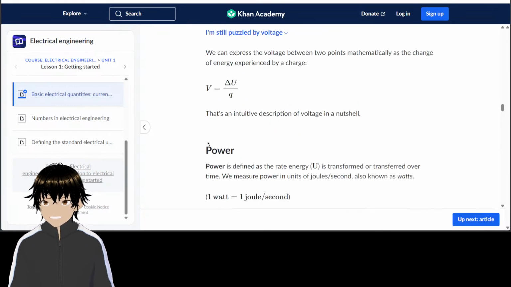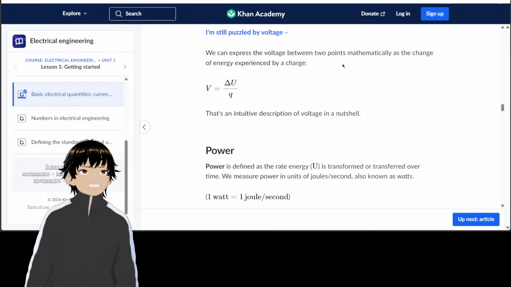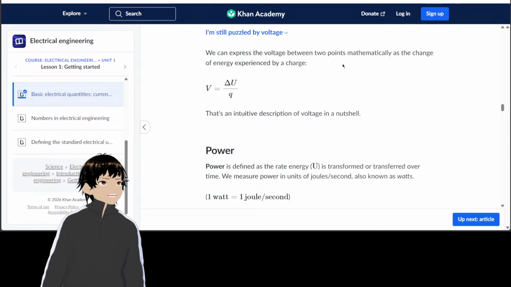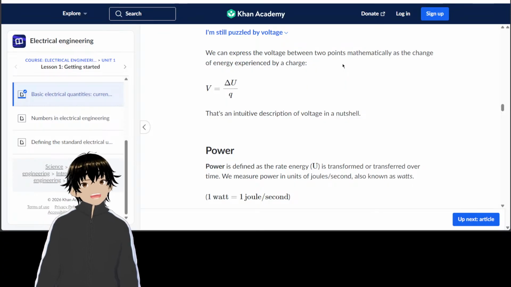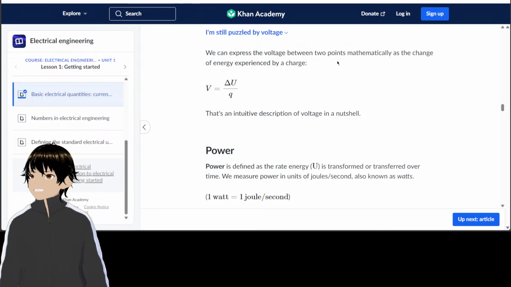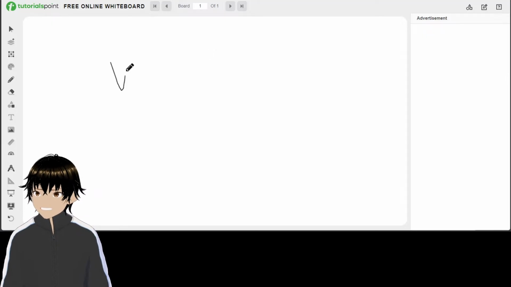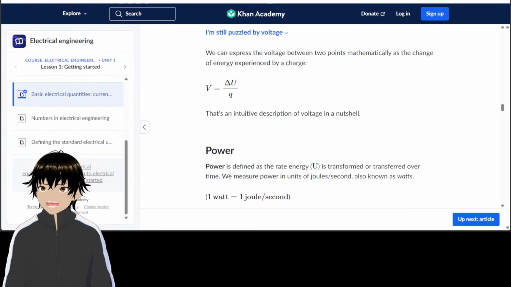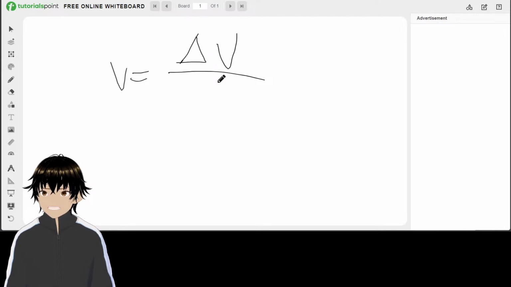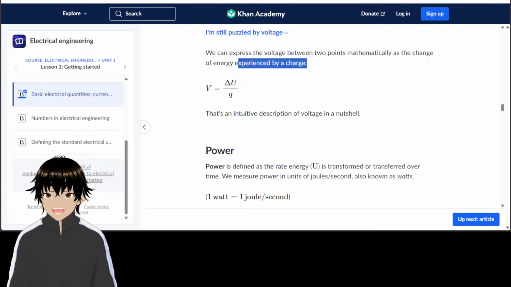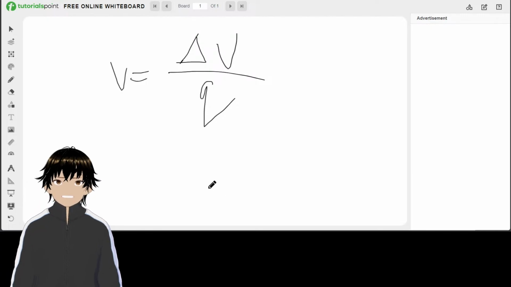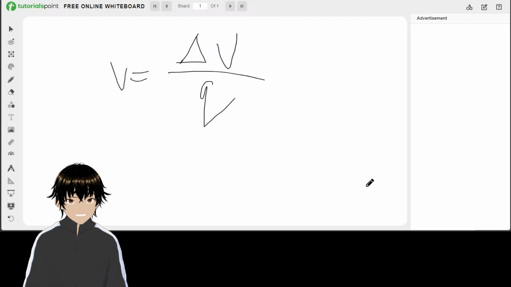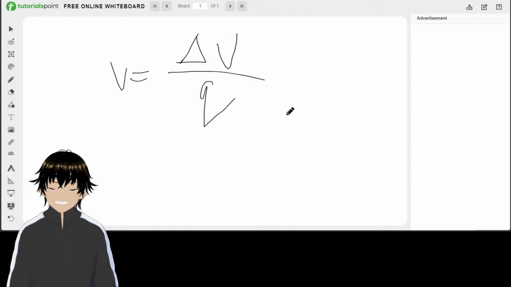Now we're going to express the voltage between 2 points mathematically as the change of energy experienced by a charge. Apparently voltage is derived mathematically as this change of energy experienced by a charge. I'm going to try to find out what this exactly means.